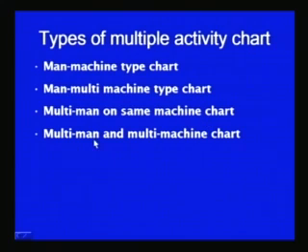And for multi man and multi machine charts, where different machines and different workers are looking after them while the job is being done, these are recorded on a common time scale.